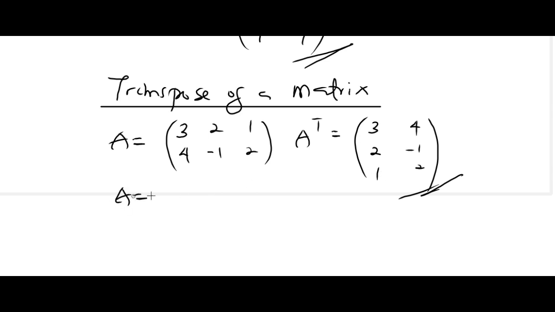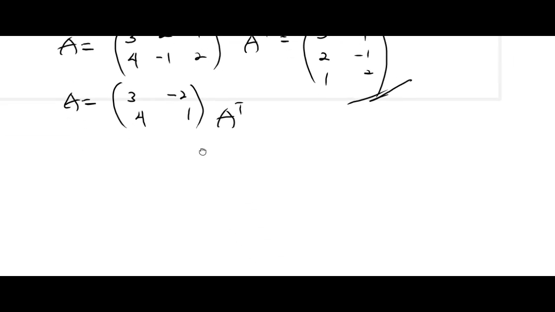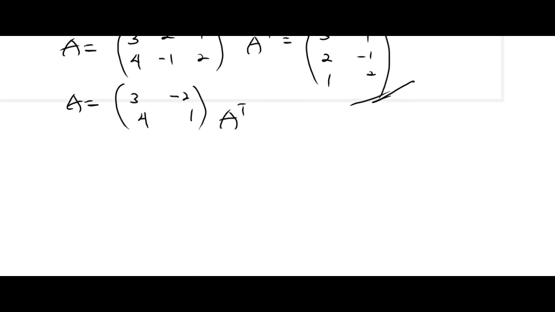So if we have A equals 3 minus 2, 4, 1, what will A transpose be? A transpose will be 3 minus 2, that is the first row here, will become 3 minus 2 here. Then 4, 1, that is second row here, will become 4, 1 here. So this is A transpose.